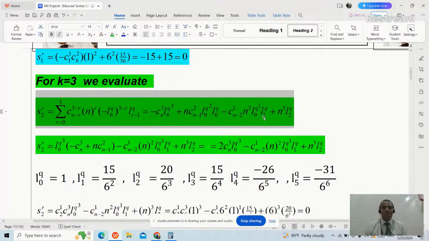Minus combination n minus 2 choose 1, n squared L0 of ODQ raised to the power 1 times L1 of ODQ, plus, learners, you can see this one, n cubed, because when r equals 3 I will get n cubed, and 3 minus 3 is 0, therefore n minus 3 choose 0 is 1. That's why I didn't write the combination here, because it's 1.